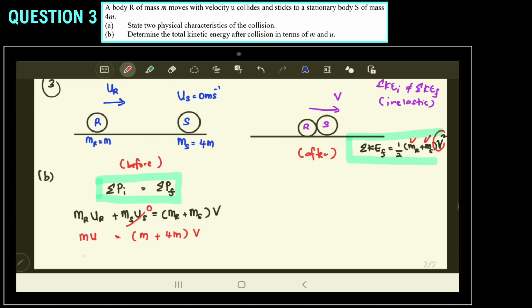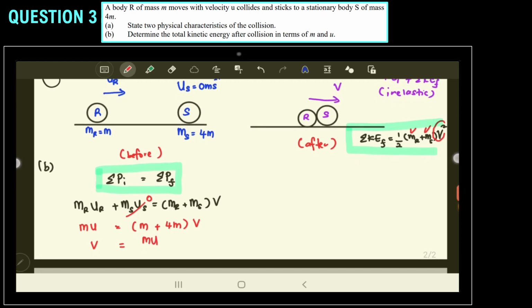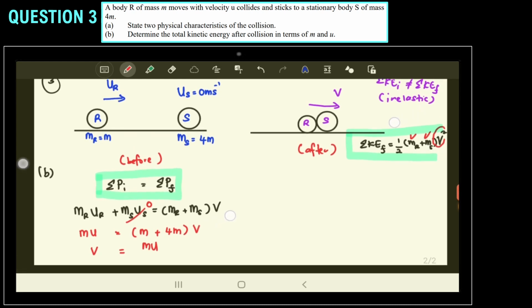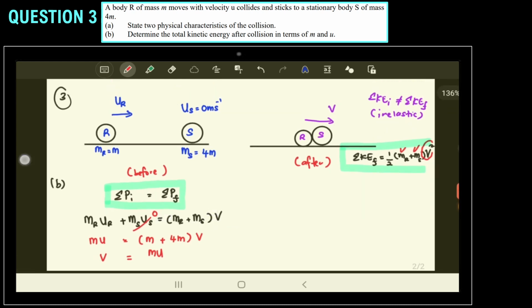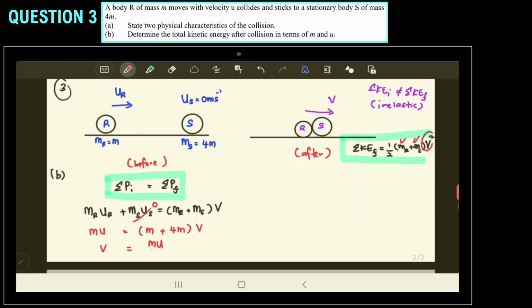So from here, we have v is equal to mu over 5m. So we get v is u over 5 meter per second. So the unit is meter per second.